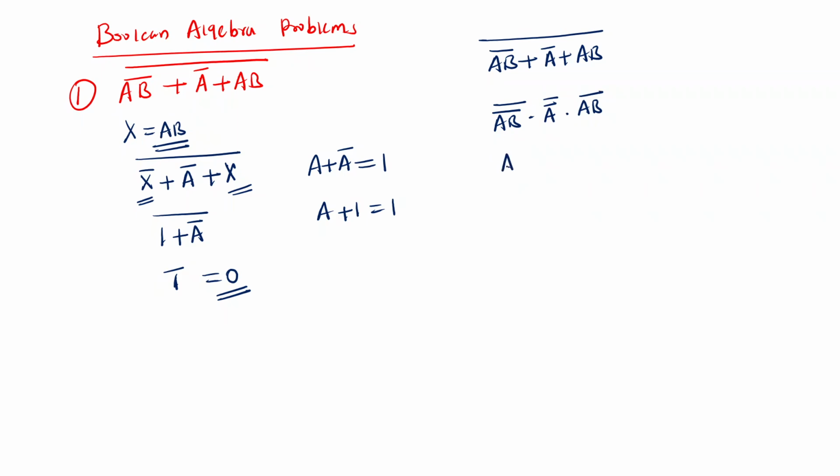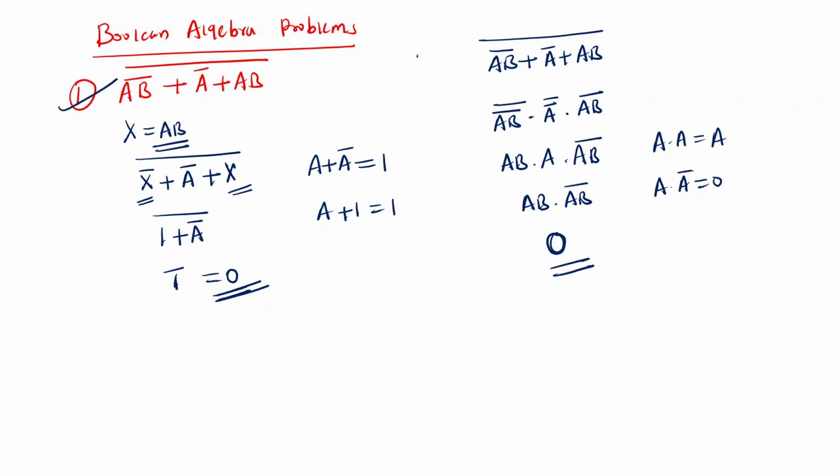So this is nothing but AB, and this is A and AB bar. AB and AB, from AND law, A and A equal to what? A, no? So I can write this is nothing but AB and AB bar. From AND law, A and A bar equal to what? 0, no? So total value is 0. Here 0, here 0. Like this you can do, or you can do this one also.